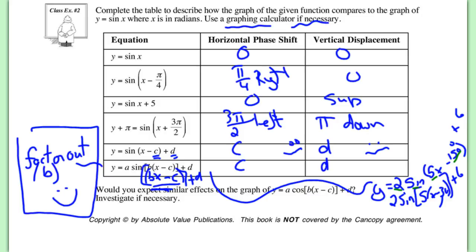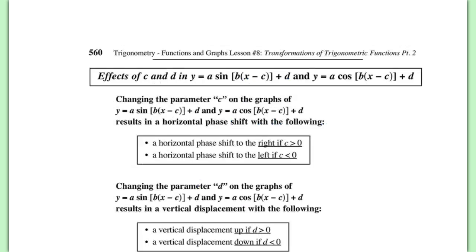A student that's not as wise as you would say the b value is 5, so this has been horizontally stretched by 1/5 and then gone right 150 degrees. That's a lie, because it's actually been horizontally stretched by 1/5 and goes right 30 degrees. So I will remember to factor out, and we'll see that come across our situations many times.